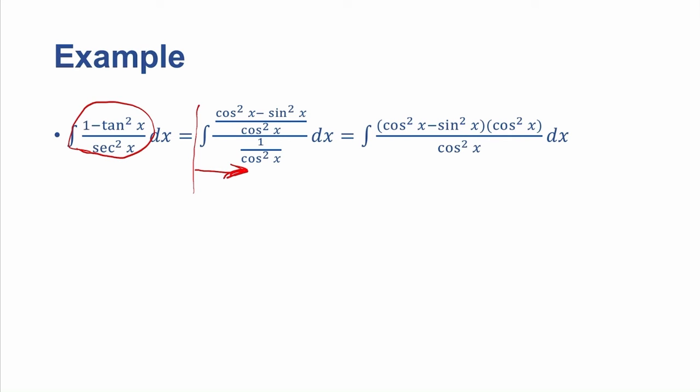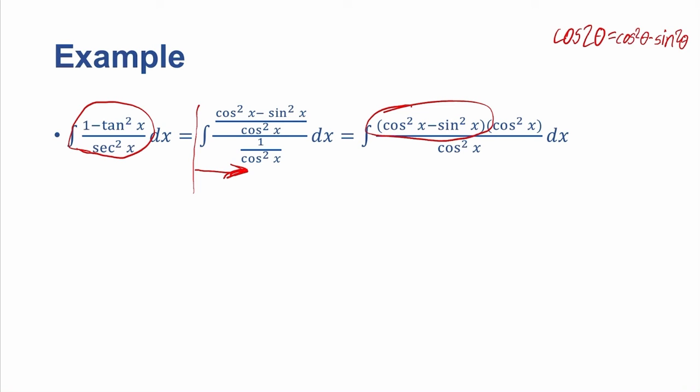Now, where do you remember this from? Well, maybe you remember this as one of the many formulas we have for the cosine of 2x. If I have cosine of 2 theta, that's equal to the cosine squared of theta minus the sine squared of theta, among other variations of this.